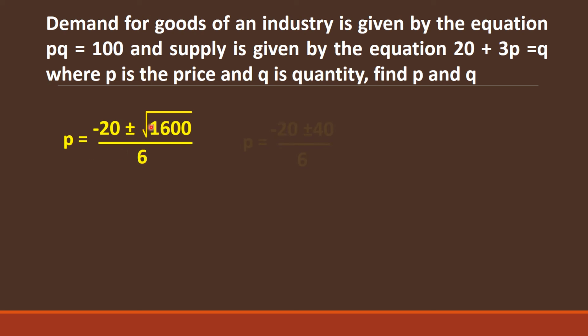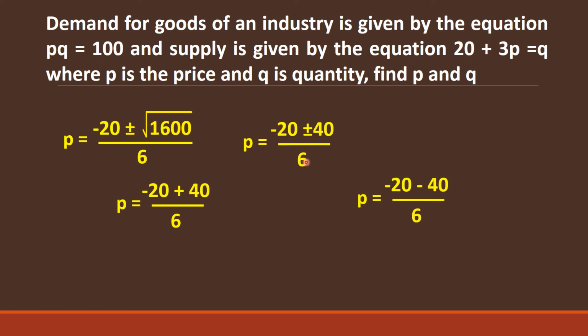Square root of 1600 is 40. Thus, it will be minus 20 plus or minus 40 divided by 6. That can be either minus 20 plus 40 by 6 or minus 20 minus 40 by 6. If it is minus 20 plus 40 by 6, then the value of P is 10 divided by 3.